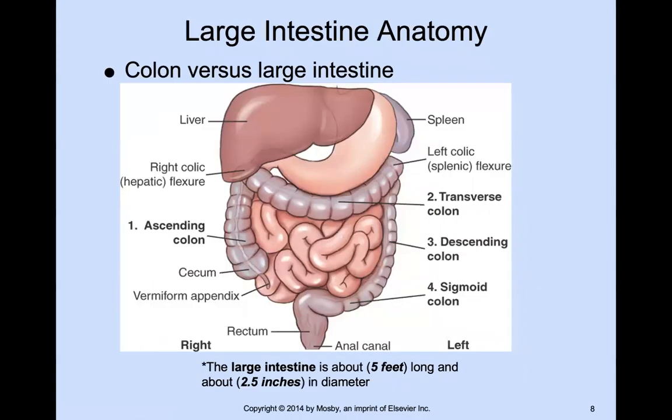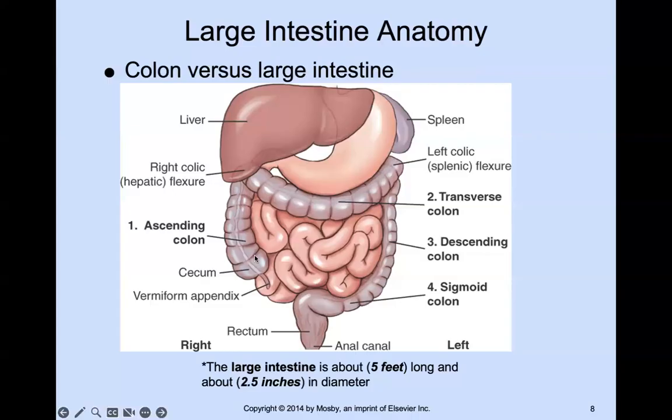Moving on to the large intestine. So the large intestine is, as you can see, on the periphery of the abdomen, with the small intestine located more centrally. So the large intestine is about 5 feet long, okay, and 2.5 inches in diameter.